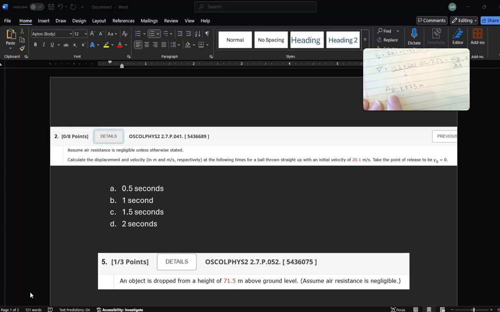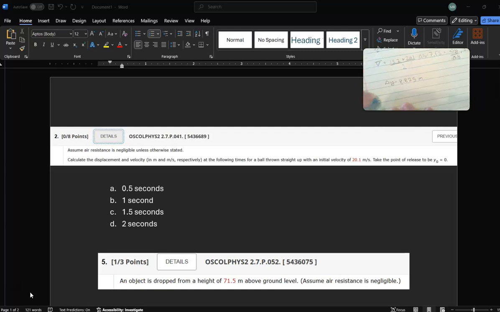Since my initial position is 0, my displacement represents the total distance that I've traveled. That's the process that you can go through for every single one of these. So at 0.5 seconds we have that.